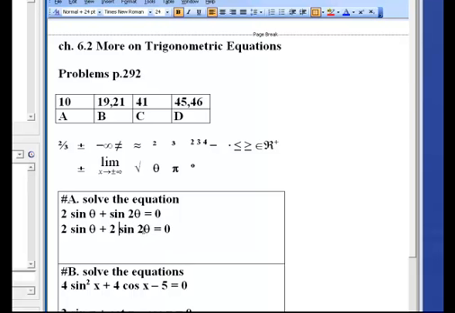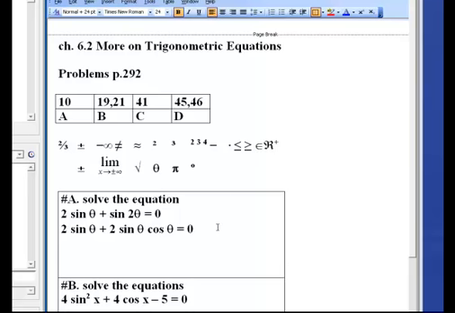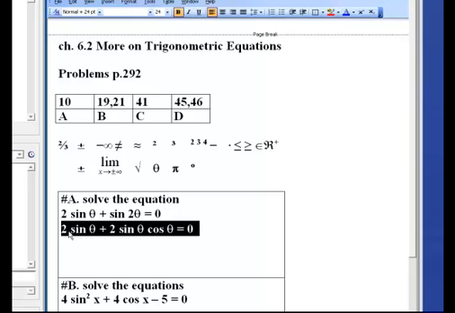So I'm going to put a 2 there. And then I'm going to copy this one here. So I just need to copy the theta. Well, so there we go. At this point here, factor out a sine theta.